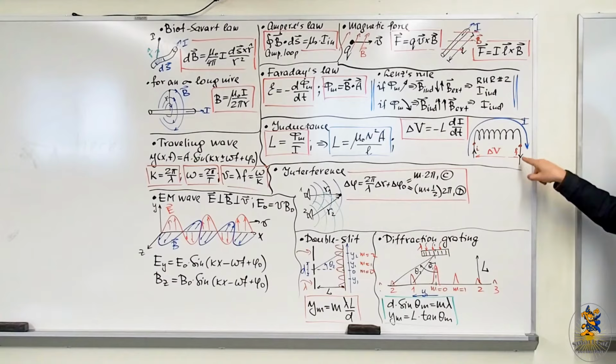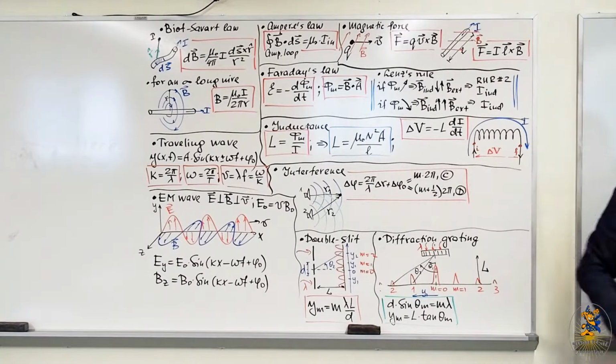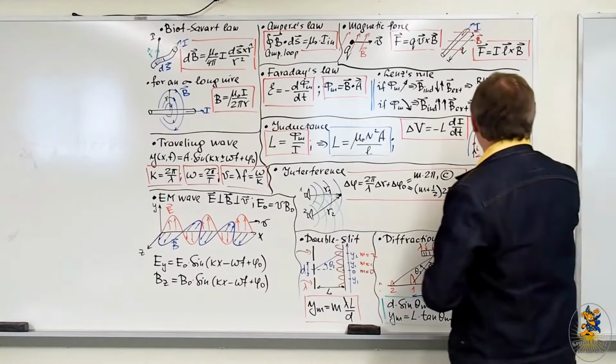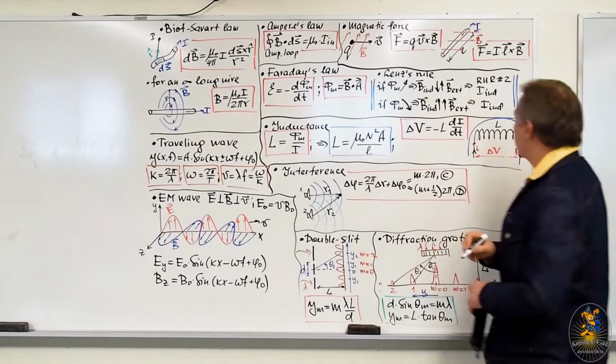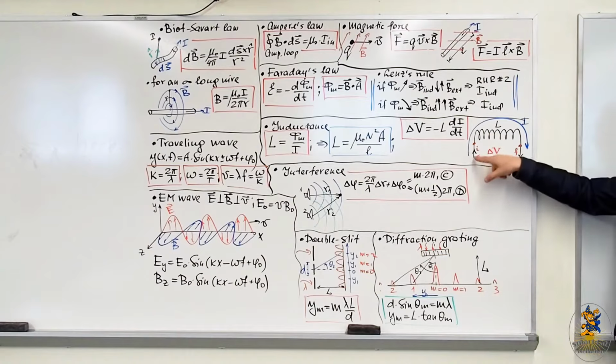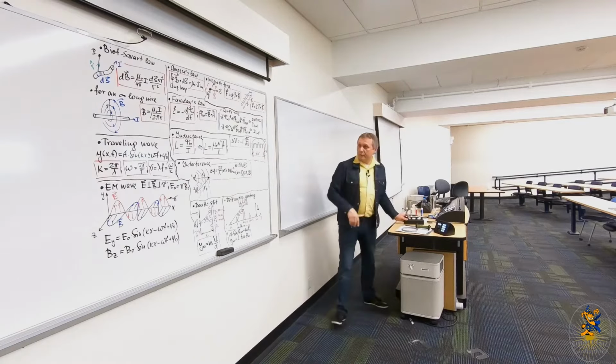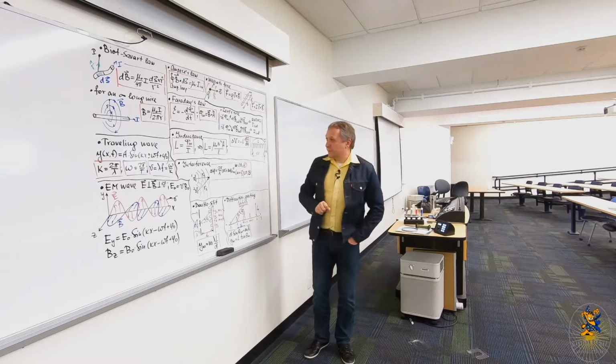Delta V is the electric potential at the final point minus the electric potential at the initial point, and it is equal to minus L, where L is the inductance of the inductor, times the rate of change of the current, basically how fast the current changes through the solenoid. Again, we will practice this.